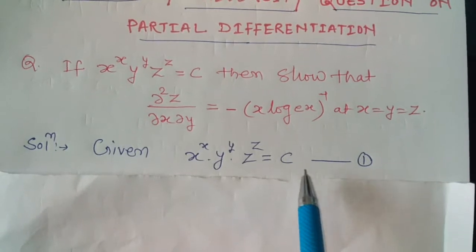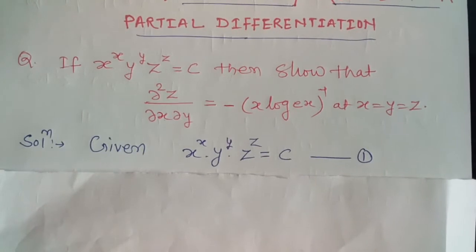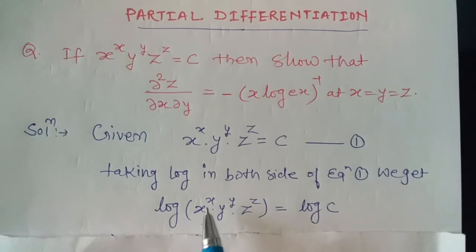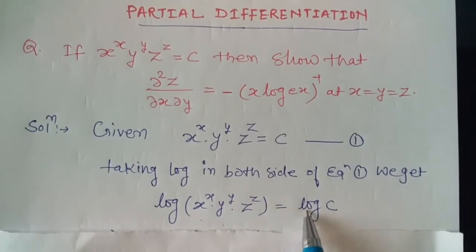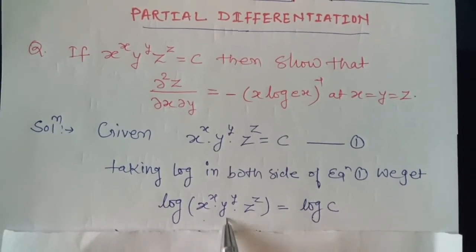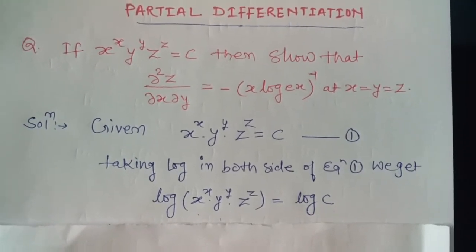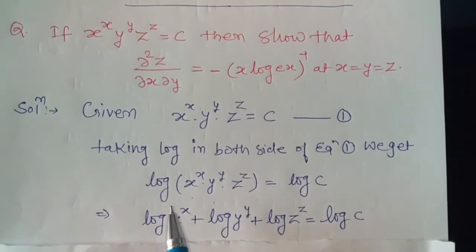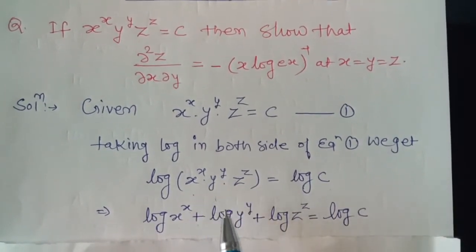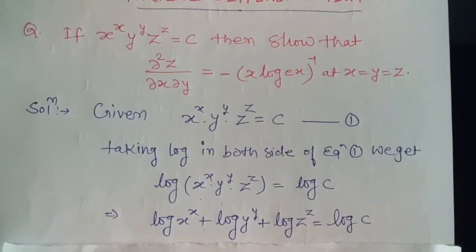Now we take log on both sides of the equation first. We get log of x^x · y^y · z^z = log c. Now on the left hand side we apply the property of log, that log(m·n) = log m + log n. So we have log x^x + log y^y + log z^z = log c.